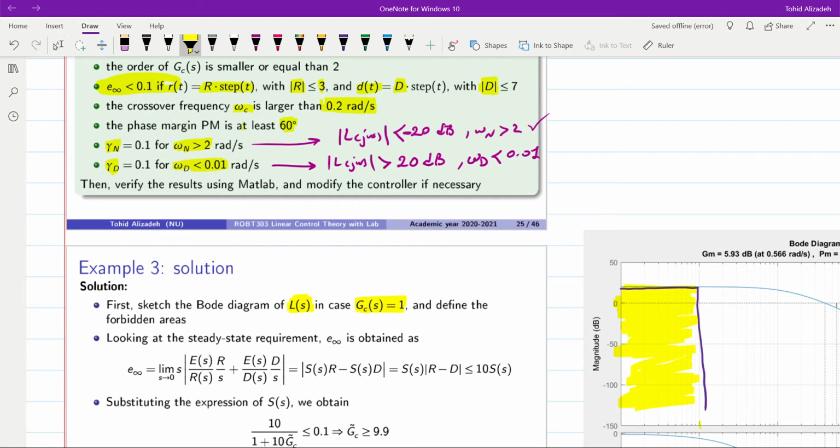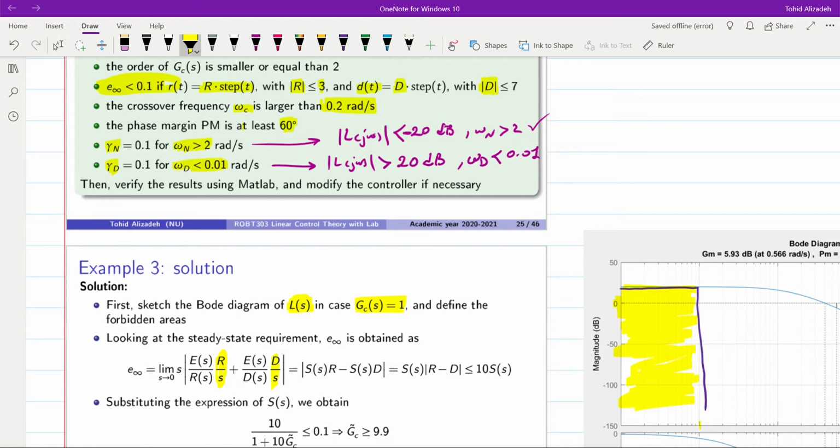So we will have it in the form of limit of s times the whole error as s goes towards 0. And for the E(s), we will have it in the form of E(s) over R(s) times R over s, because R is the step function, plus E over D times D over s, as the disturbance is also in the form of a step.